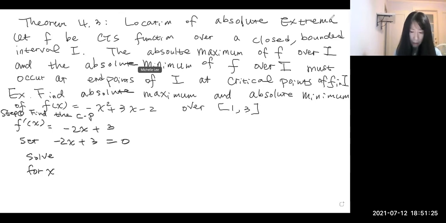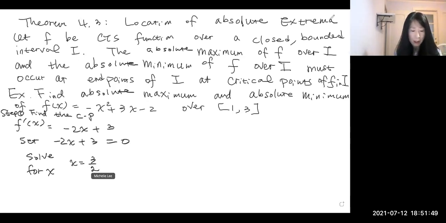Okay, so what do you get? Let me fix the absolute, and then you find the x. How about that? Okay, so what do you get for this one, x? 3/2. x equal to 3/2.